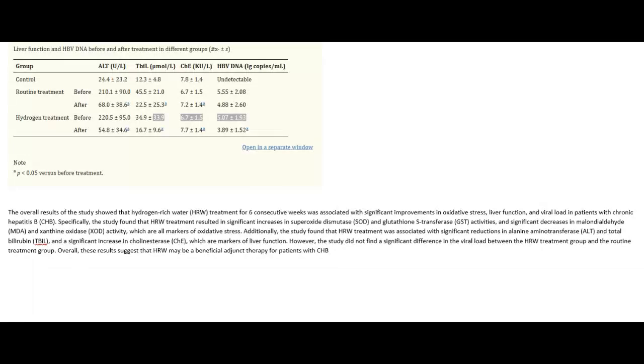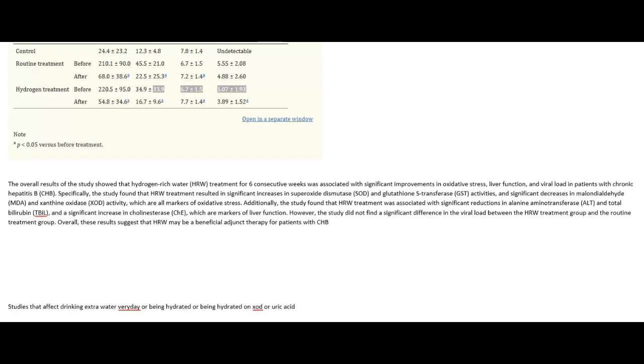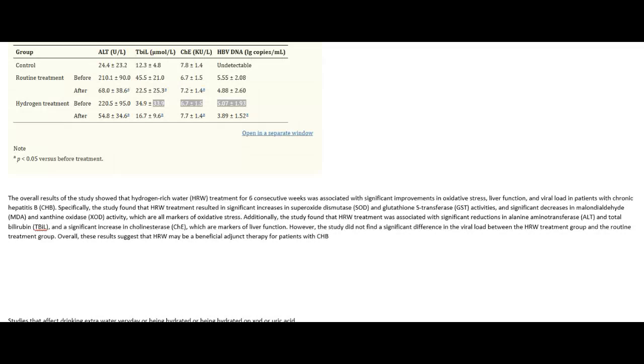And or uric acid in the blood, in serum, they're synonyms. Either XOD or uric acid, and also the relationship between XOD and uric acid, if anything on that. A study about that, or just a relation between those two?